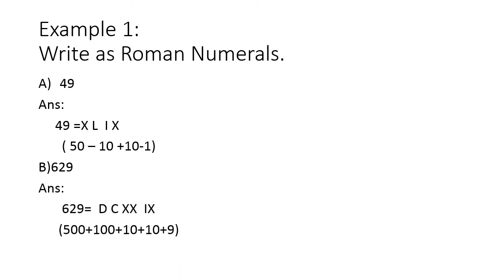So for 629 you can write 500 plus 100 plus 10 plus 10 plus 9. So for 500 you have to write D, 100 C, 10 and 10, 2 times 10, no? So XX, then for 9, IX. Okay. So this is how you have to write the Roman numerals.